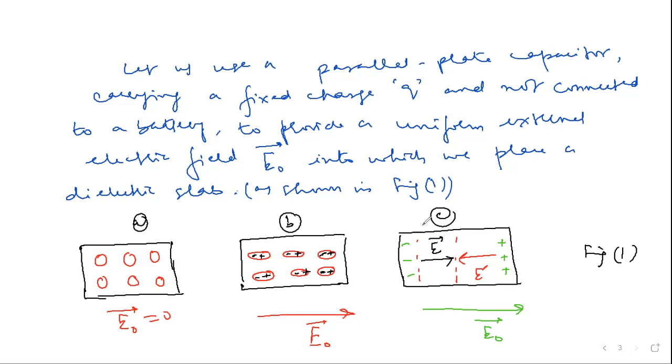The net effect is a build-up of positive charge on the right face as already described of the slab and negative charge on the left face. Within the slab, no excess charge appears in any given volume element.